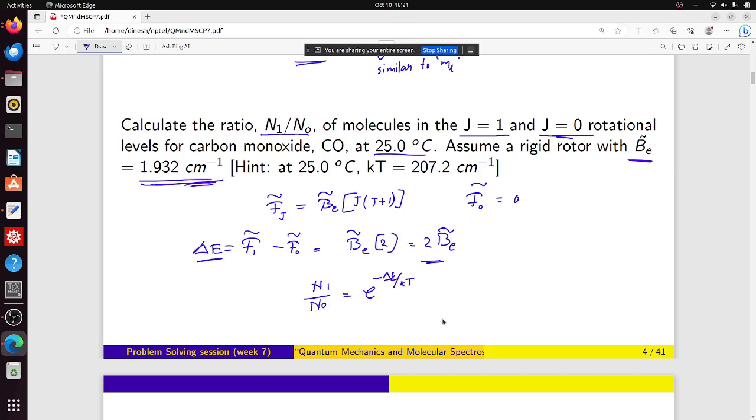So this will give us e to the power minus, 2B is 1.932 centimeter inverse. So kT is also given, 207.2 centimeter inverse. So if you solve this, you will get the number 0.9815.